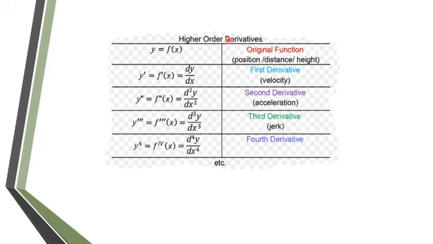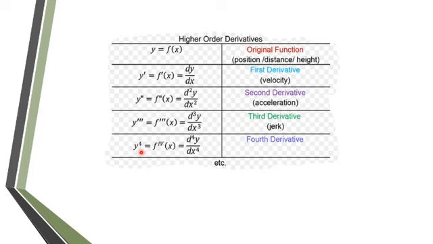Now we will move to the higher order derivative in our practical life. Suppose y is equal to f of x. The original function represents position, distance, and height. The first derivative represents velocity in the field of physics. The second derivative, y double prime, f double prime of x, or d square y over dx square, represents acceleration. The third derivative, y triple prime, f triple prime of x, or d cube y over dx cube, represents jerk.